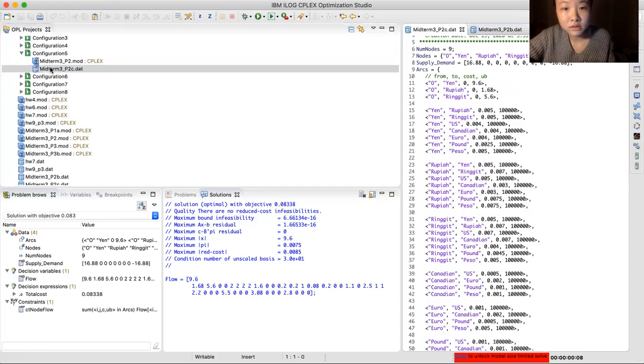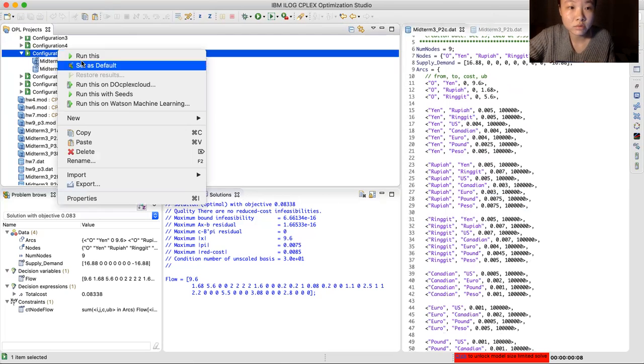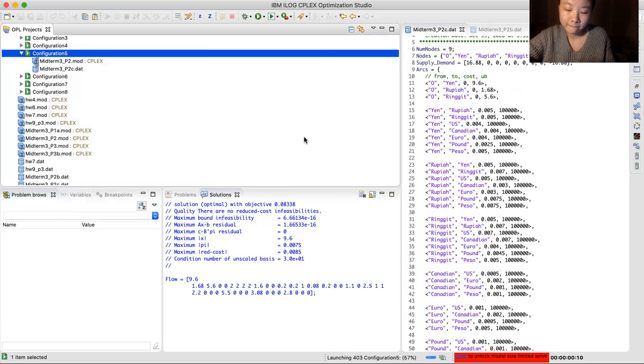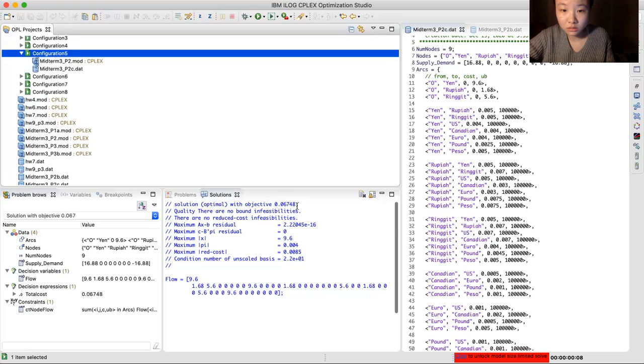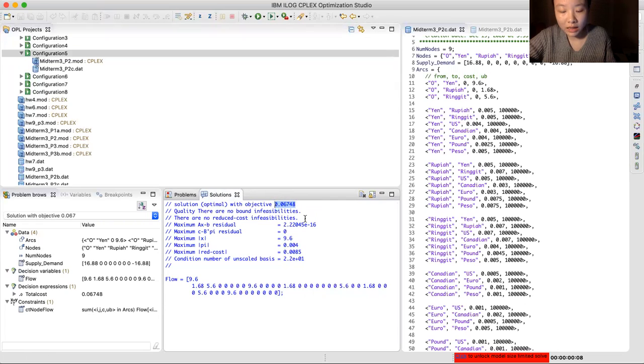So I set it up like this and run this code. This is the new cost. As you can see, there is a reduction in this transaction cost. Also, there's a difference between this and the previous cash flow plan.